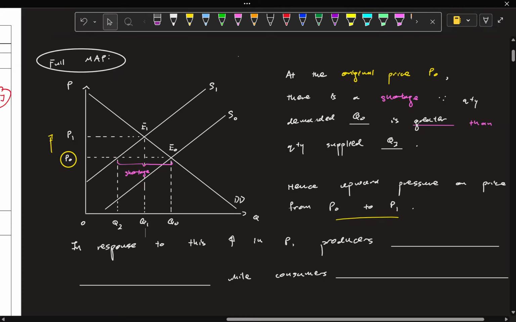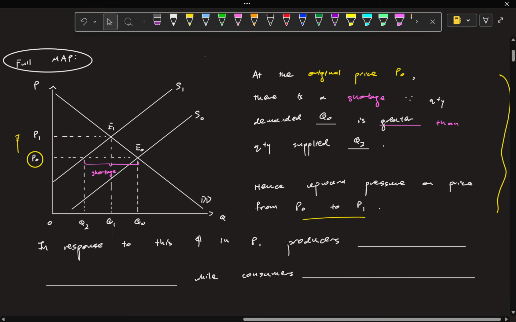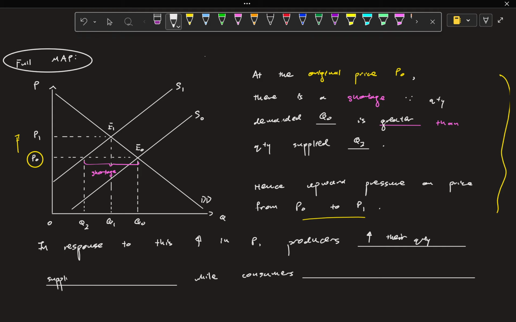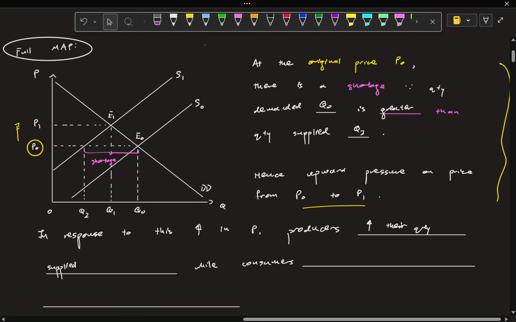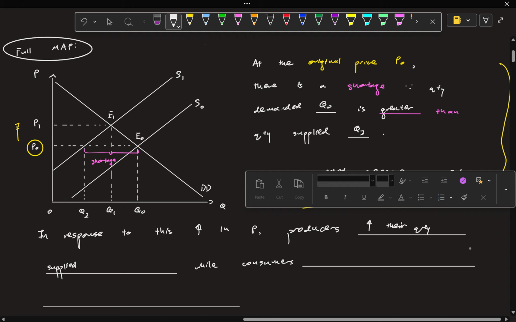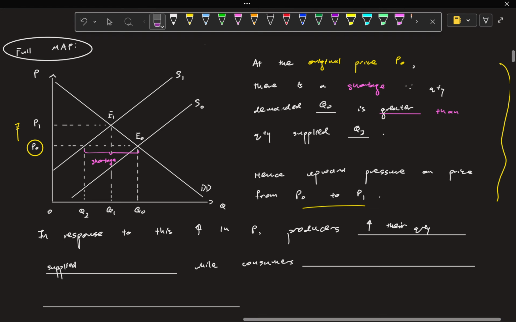So in response to this increase in price, producers will actually increase their quantity supplied. Do you see why? Because of the signaling feature of the price mechanism: if equilibrium price increases, it signals that consumers are willing and able to pay a greater amount.